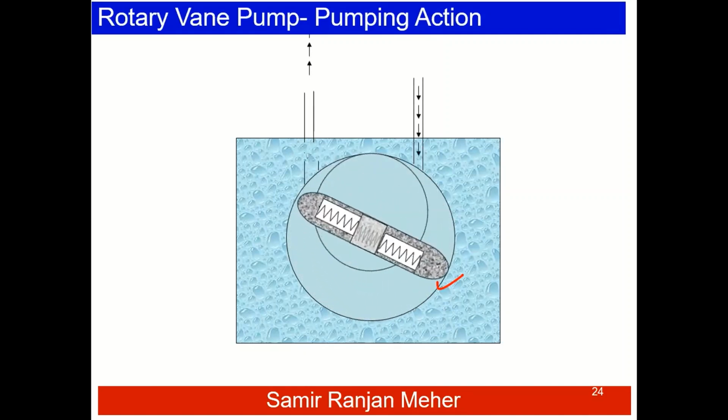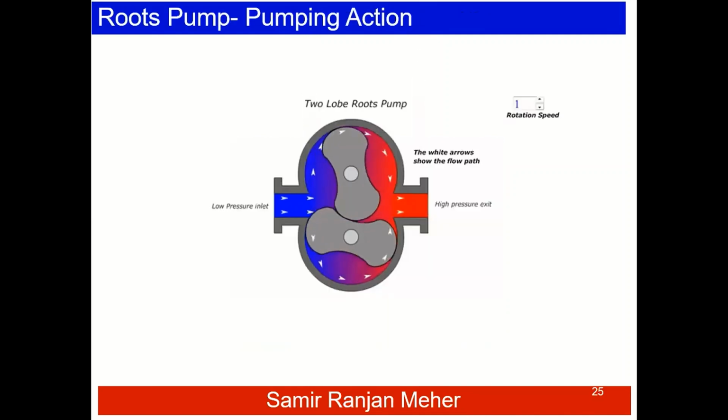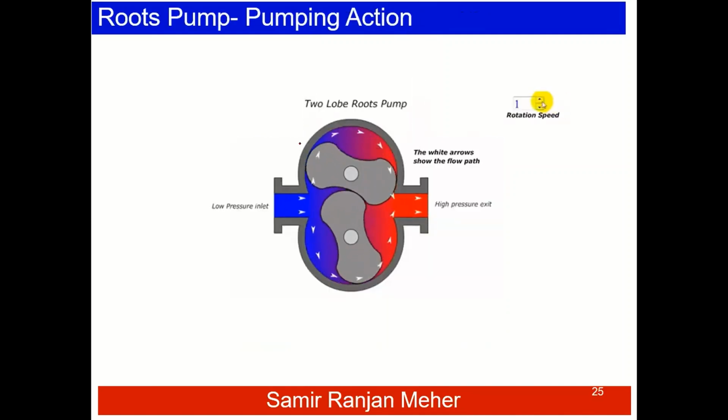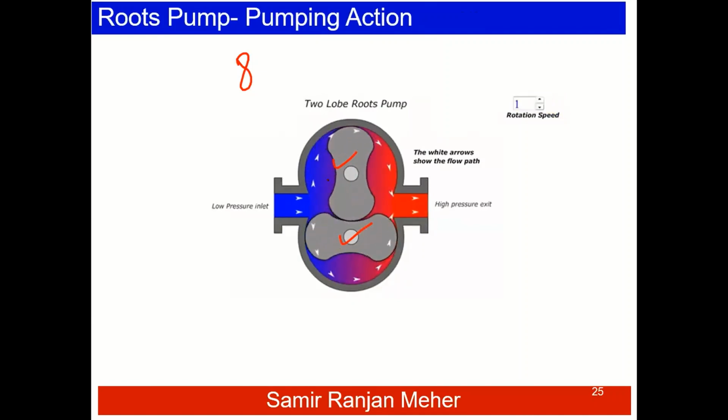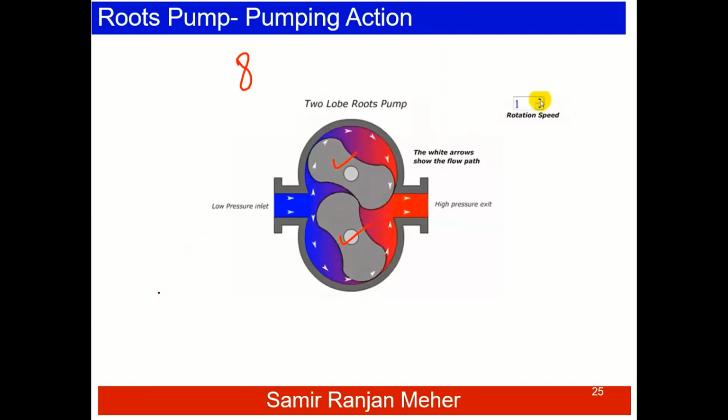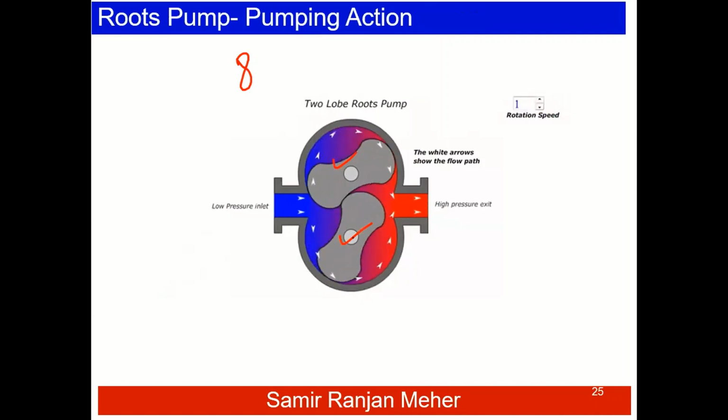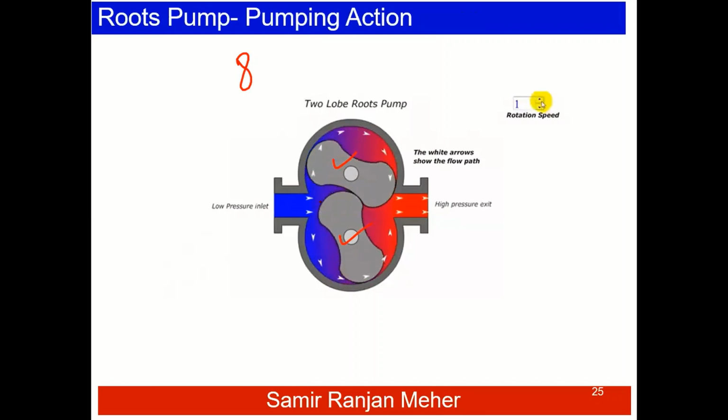The other way is to use a Roots pump. The Roots pump basically contains two separate lobes. This is one lobe, this is another lobe, and they are rotating at a very high speed. When they rotate, whatever enters the chamber will be vented out.